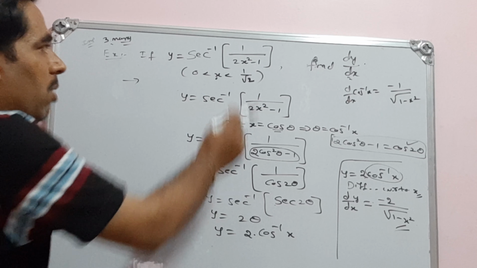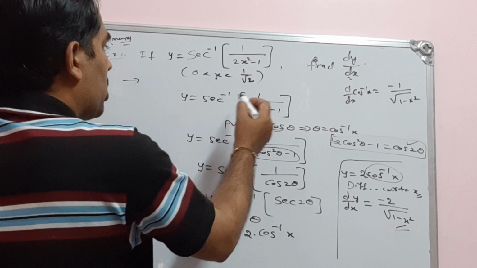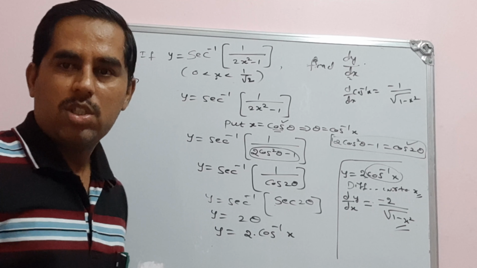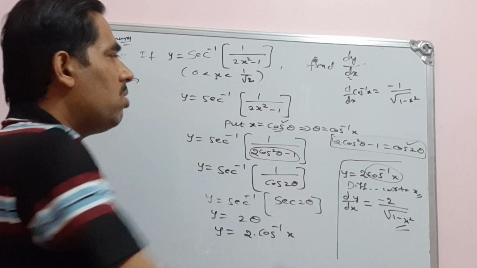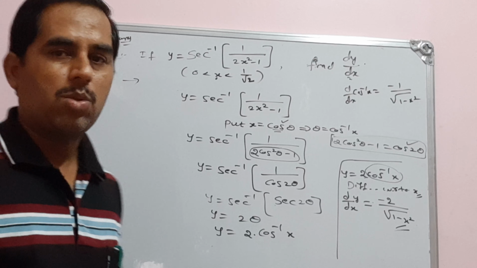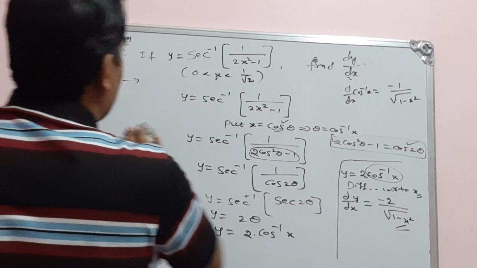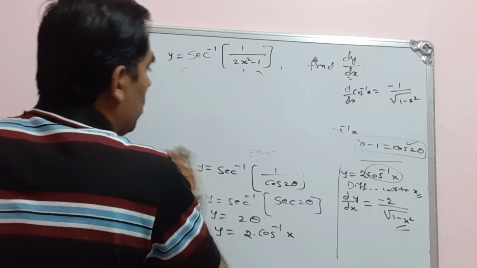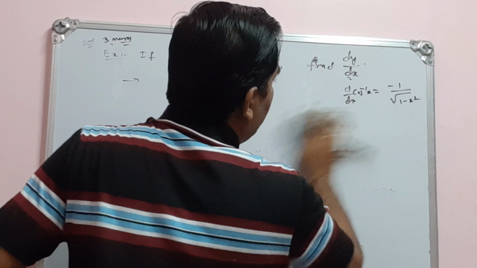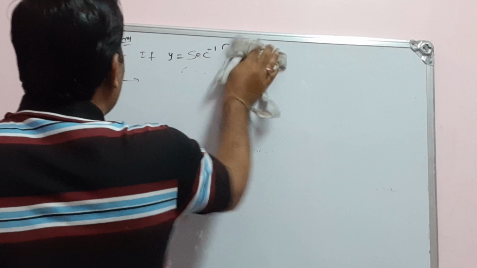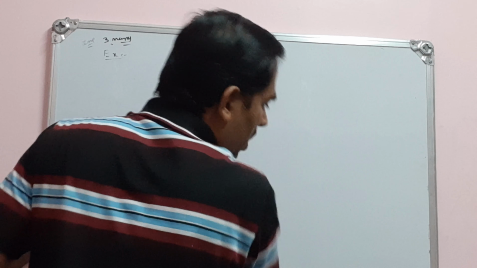This is the derivative of the expression. Our substitution here was x is equal to cos theta. In this way we can reduce them to the simplest forms. So let us consider another problem. We will consider the next example here.